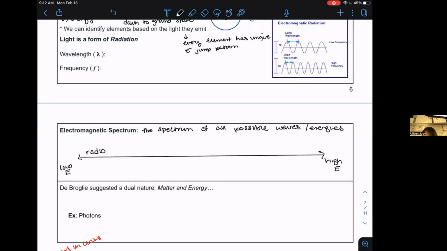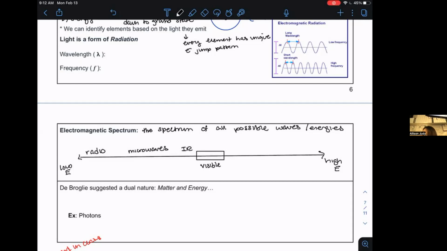Then we have microwaves. Then we have what we call IR, infrared waves. And then we have this unique little portion called visible, which is what we care about. This is what we function off.